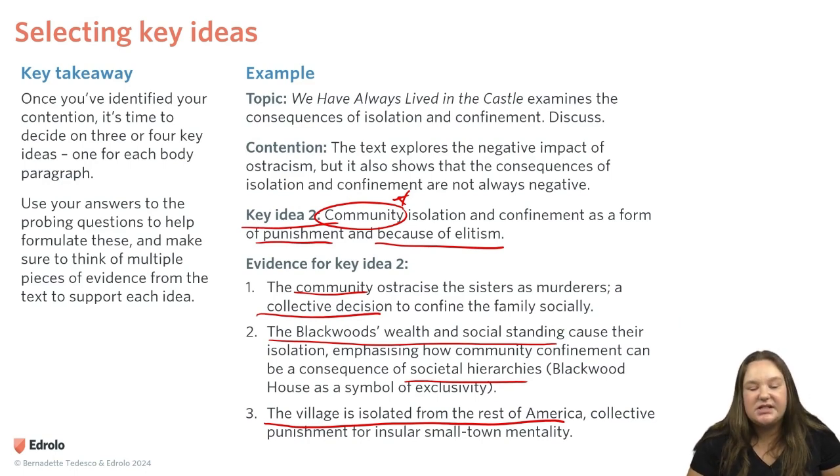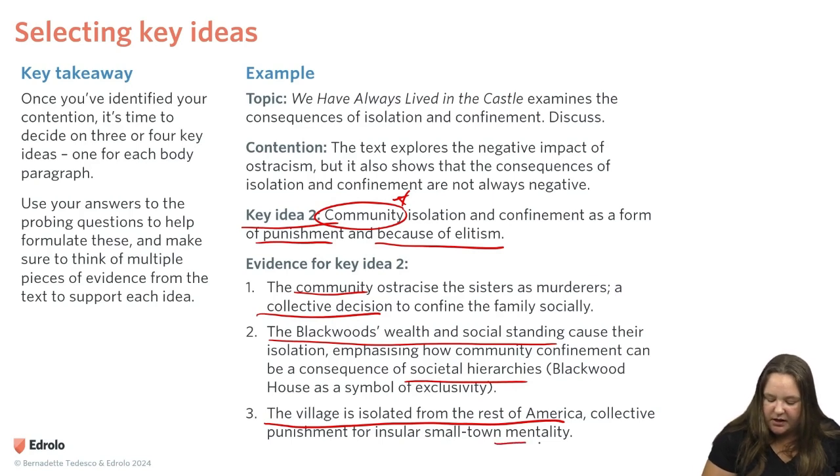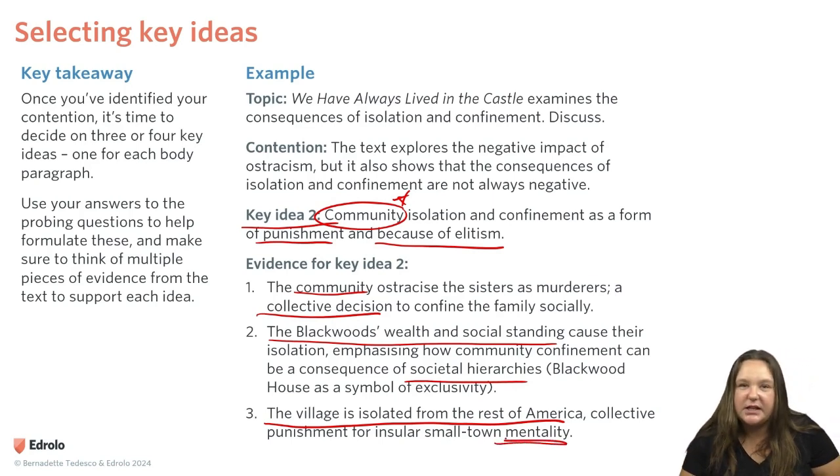And there's this idea that Jackson puts forward that they are isolated and excluded almost as a collective punishment, like they deserve to not be part of the rest of America, like their exclusion. Living within the confines of this small town is a punishment because of their insular way of thinking, rather than thinking about America in broader terms.